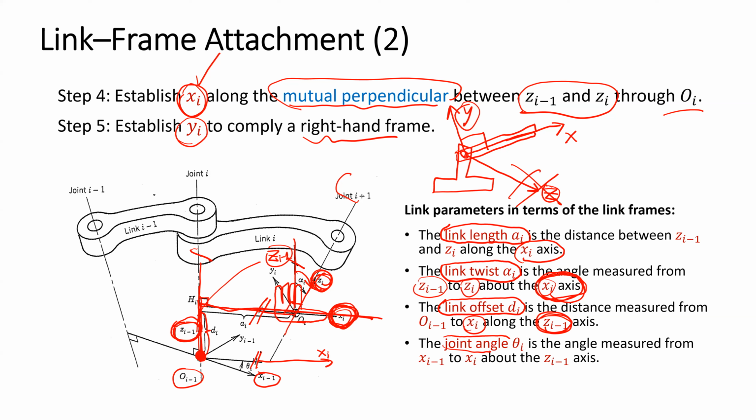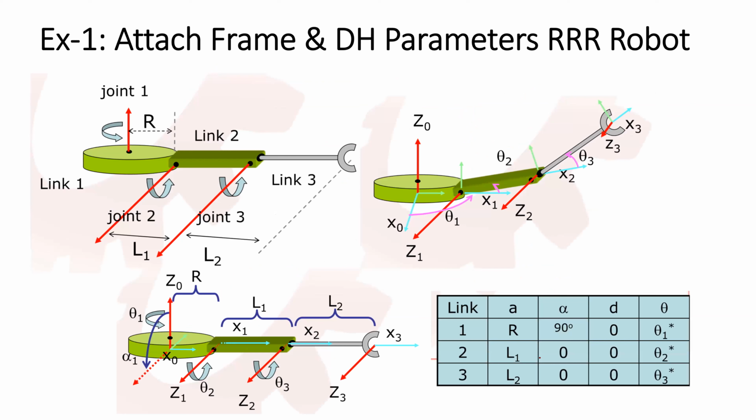The joint angle is the angle difference between xi-1 and xi about the Ci-1 axis. These are the five steps of how to attach frames on a robot. And with this example, we're going to carefully describe the five steps in order to know how to attach frames to a robot.